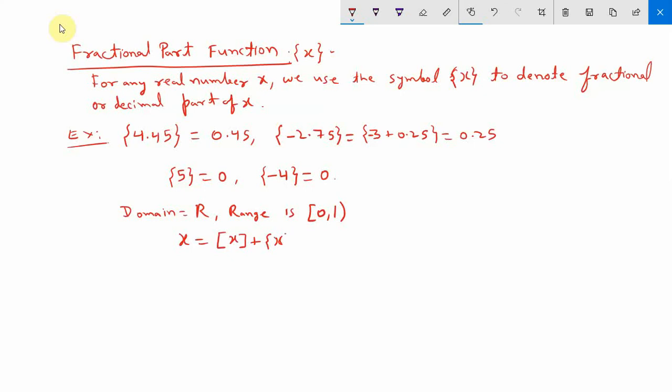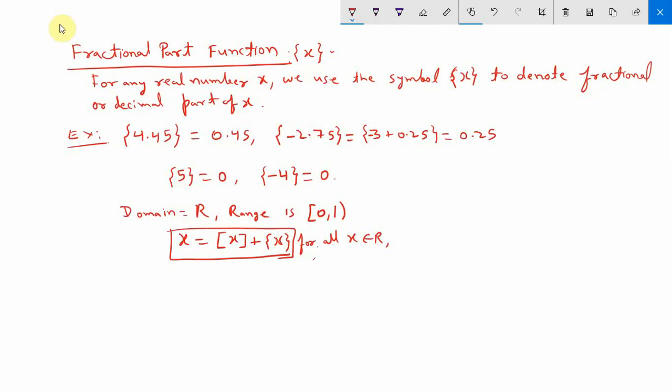Okay, this is an important property, applicable for all x that is an element of real numbers.